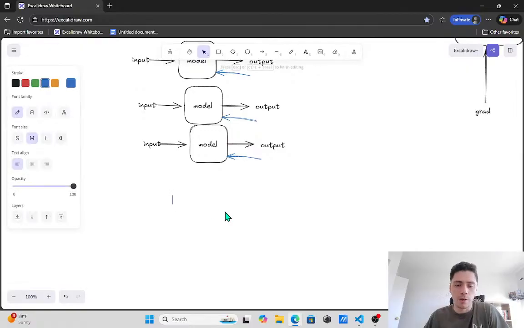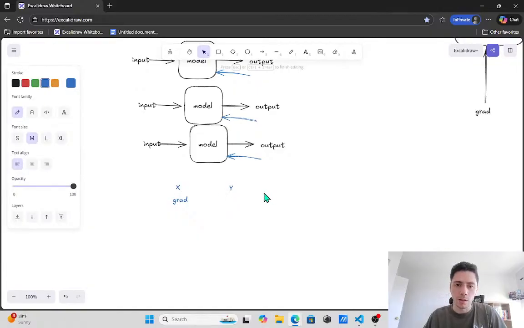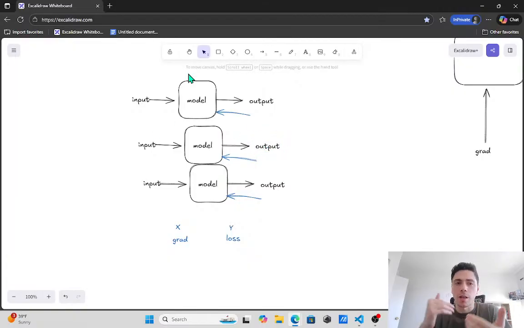So theoretically, we'd have, I guess the grad would be x, which would be the gradient, and then y, which would be the loss from this model. So you see, okay, how much did this gradient actually help? So I guess it would actually be this output, the loss from the next output.